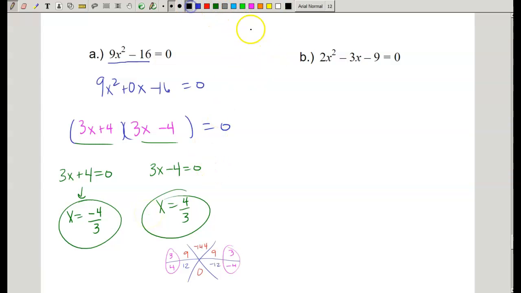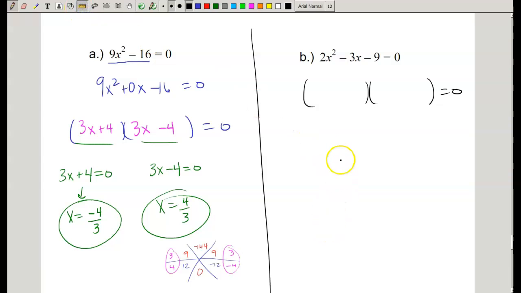For the next one, for B, again, there's nothing to factor out here. So I'm going to start with 2 parentheses, and I'm going to go ahead and do the snowflake method down here. I put in A and A, which is 2 and 2. My B value is negative 3.